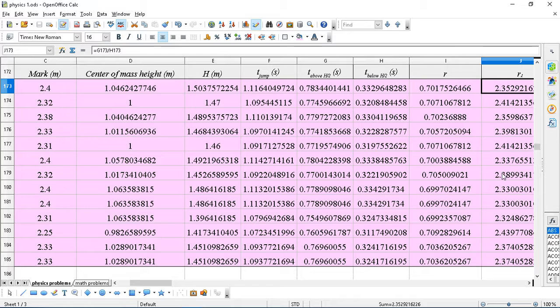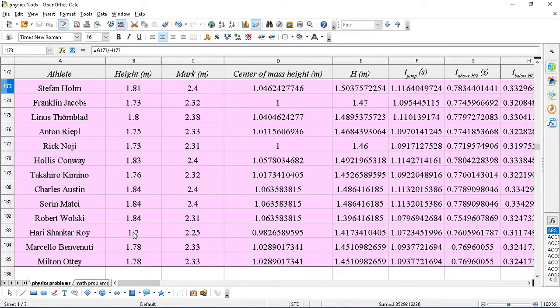Most of them are less and only one is greater because it corresponded to a center of mass height that was below the height of the landing mat, the crash mat.